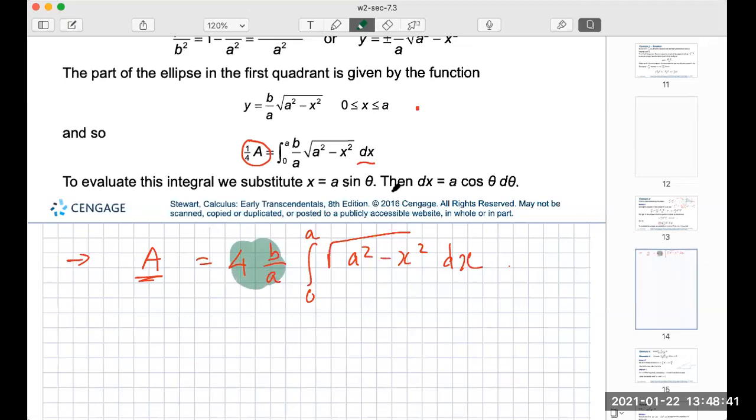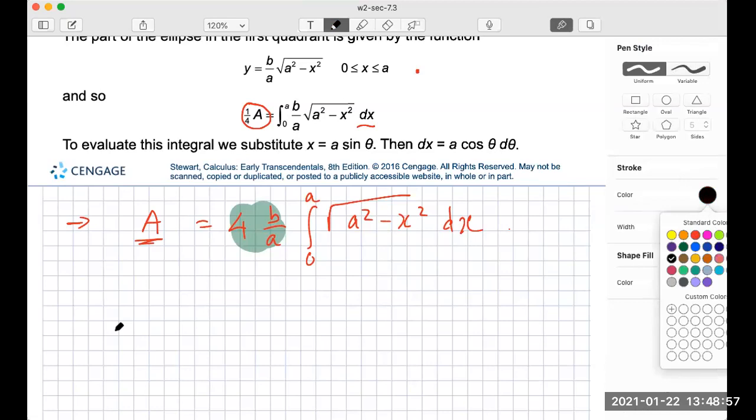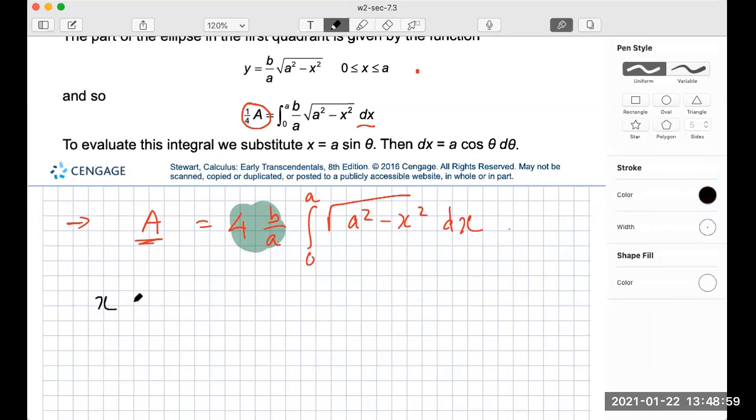The integral here, the difficult thing is the radical sign. And by looking at the strategy we have seen before, we define x to be, yes, x will be a sine theta, right?